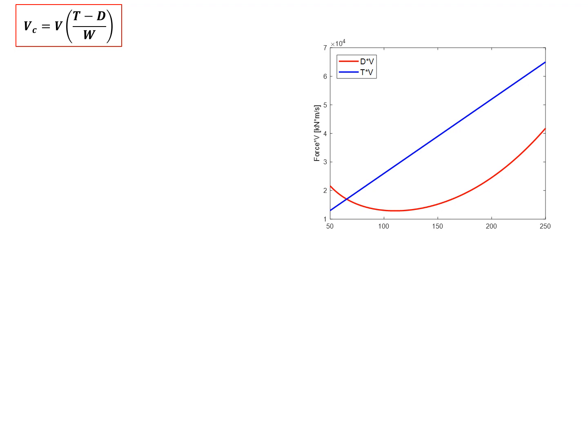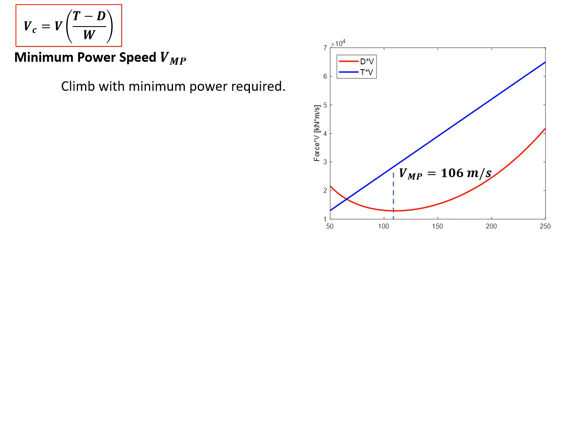Now we can focus on the red curve. First of all, we can see the minimum value of D times V happens at an airspeed of about 106 meters per second.